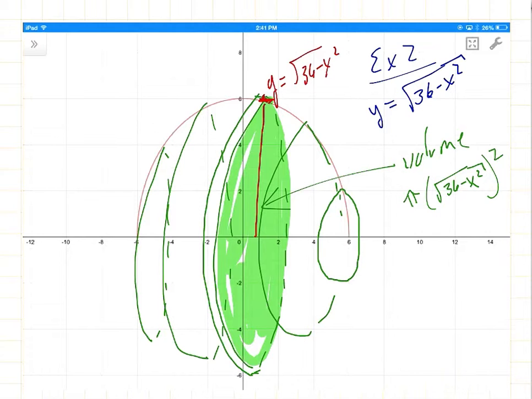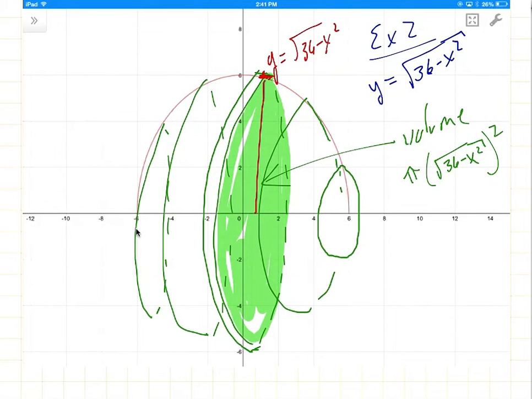So this right here is the volume of one of the disks, this disk right here, and we're going to integrate from over on the left side. We start here at -6, and then we'll work our way all the way across to +6. So low bound of -6, higher bound of 6, and we're going to be finding the volume of each one of those disks as we move along from -6 to 6.